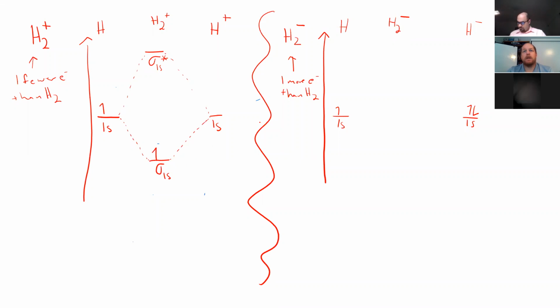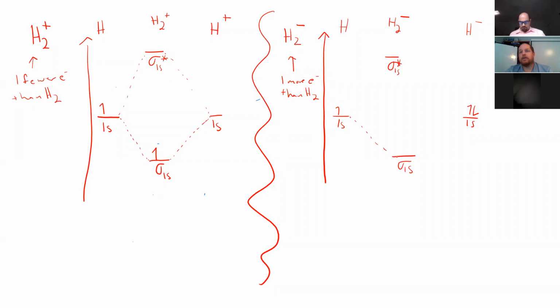Before we do that, we're going to go construct the molecular orbital diagram for H2 minus. Again, these are the same orbitals because we're talking about the 1s orbitals from each hydrogen atom. And so when they combine in phase, or when you add two orbitals together that are the same phase, you get a sigma 1s. If you add them out of phase or subtract them, the same idea, same terminology, you get a sigma star 1s.